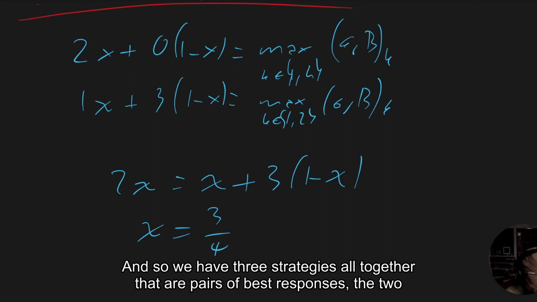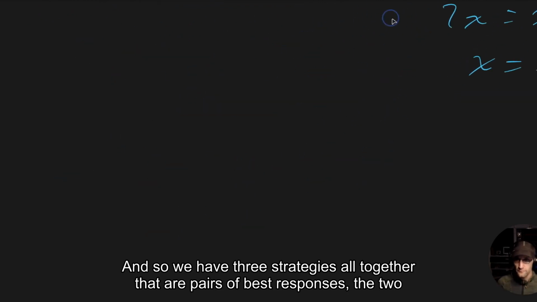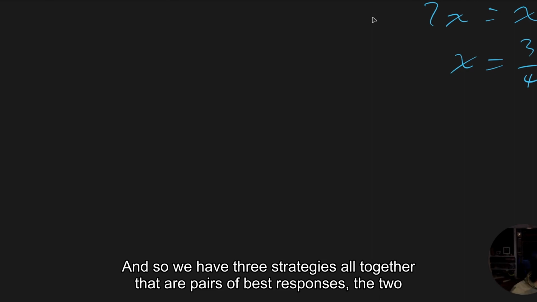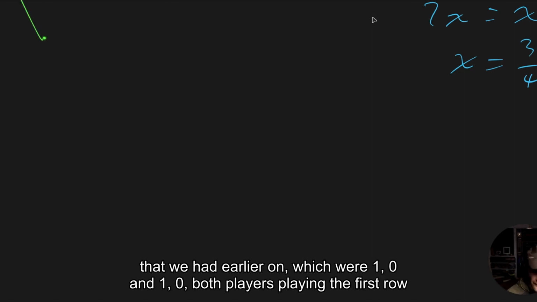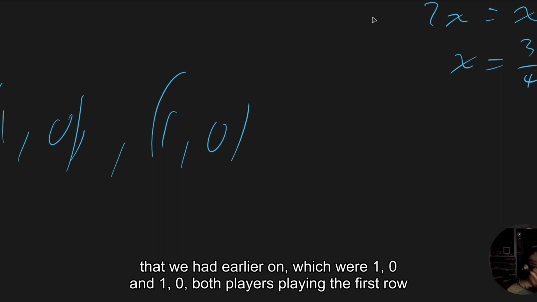And so we have 3 strategies altogether that are pairs of best responses. The two that we had earlier on, which were (1, 0) and (1, 0), both players playing the first role all the time.